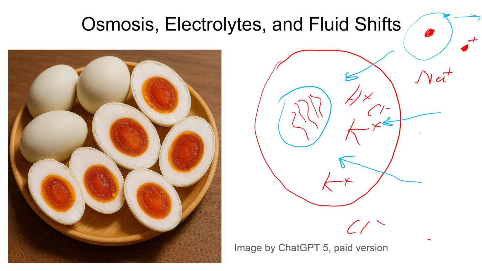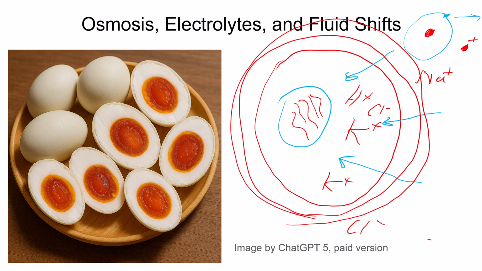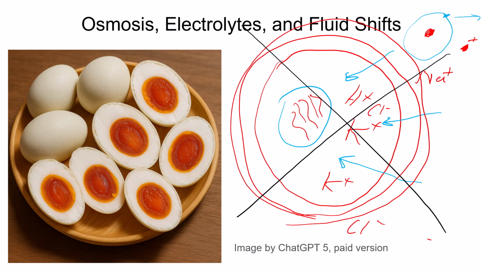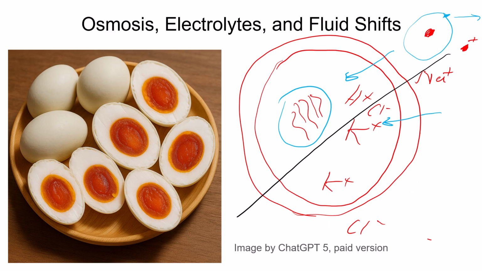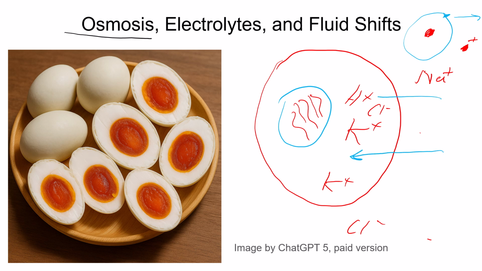But this actually gives the cell too much water, and it will swell up bigger and bigger until the cell will break open. It will pop. And then the cell will die. And so it's important to understand about electrolytes in the body and the process of osmosis. So osmosis is what we call it when water moves towards the electrolytes.